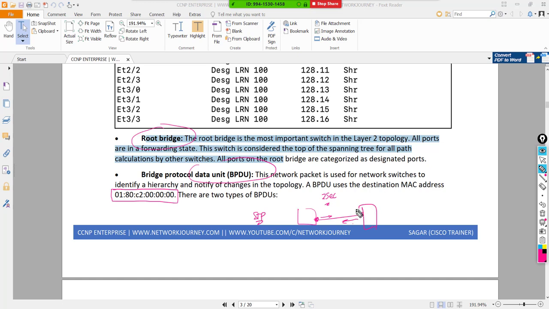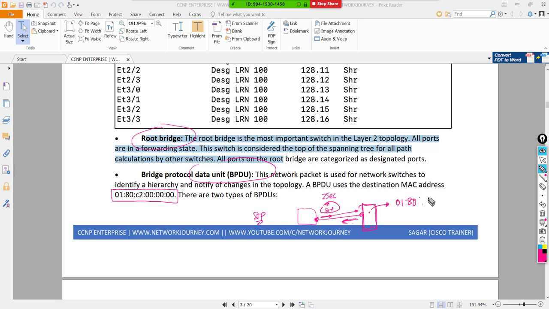Let's say these two switches: as soon as you enable the switch port, the STP BPDUs are sent. On the destination switch, this is the MAC address that's listening for incoming STP BPDUs.